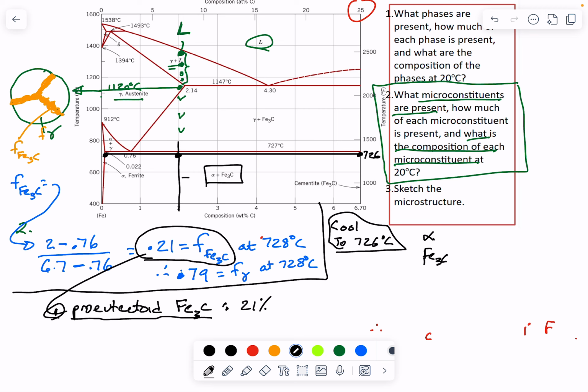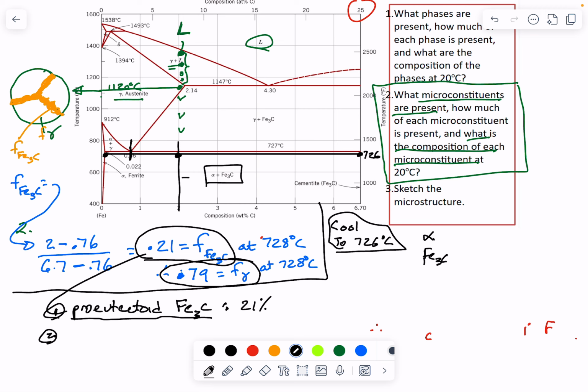Now, the second thing we've got is what happened to this, okay? So that other 79% of stuff, or 0.79 as a fraction, it was gamma that had this composition of 0.76. And we already talked about what happens to material with that composition.